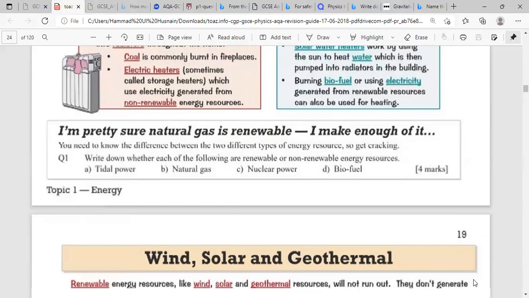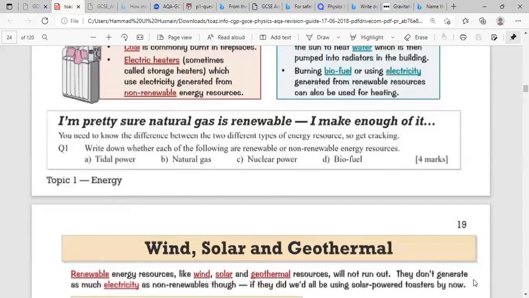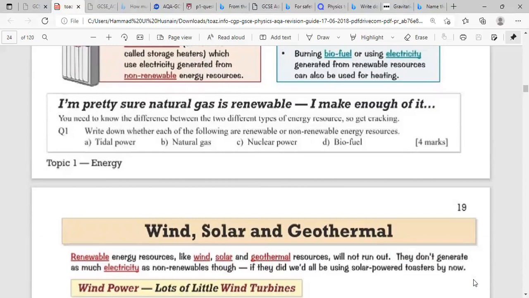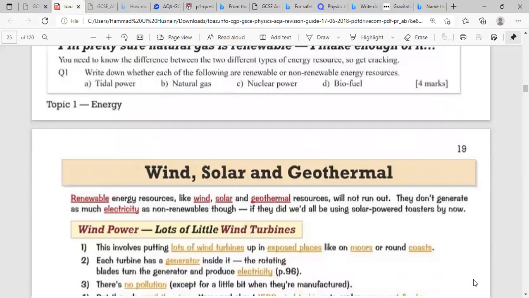I want you to write a little introductory paragraph about all these four types of energy resources: what is biofuel, what is nuclear power, what is natural gas, and what is tidal power. You can use the internet and then memorize it, and then we will discuss it in the next class, right?